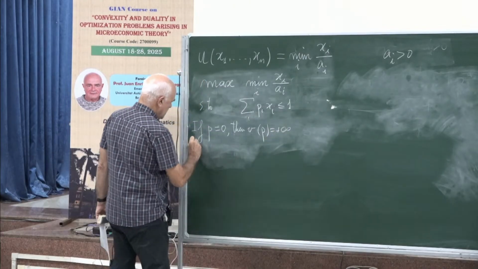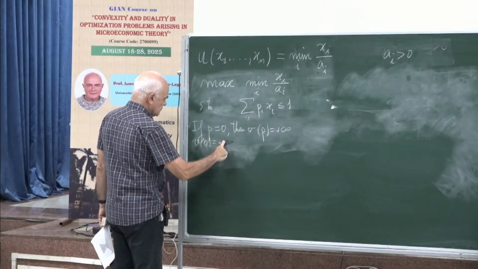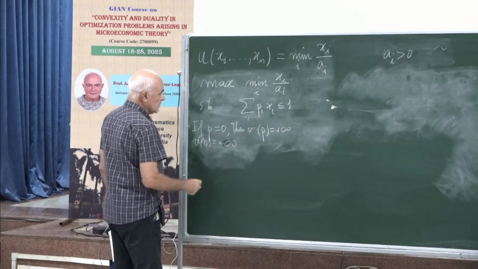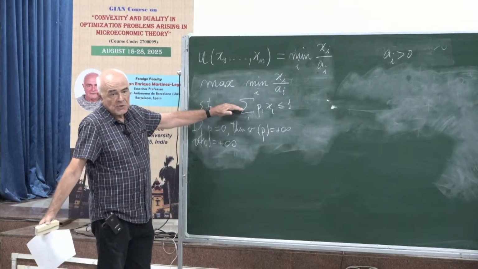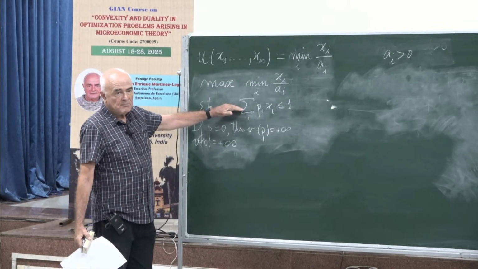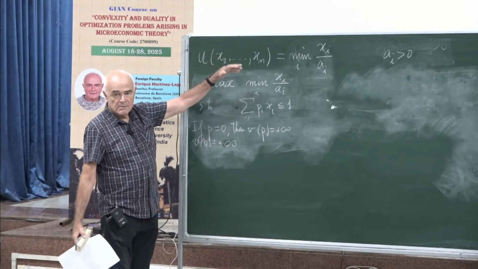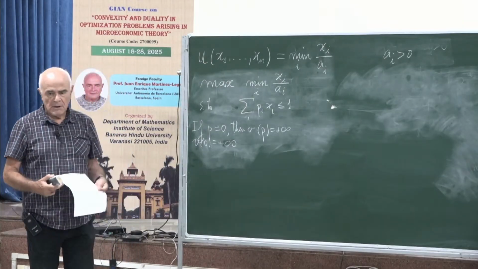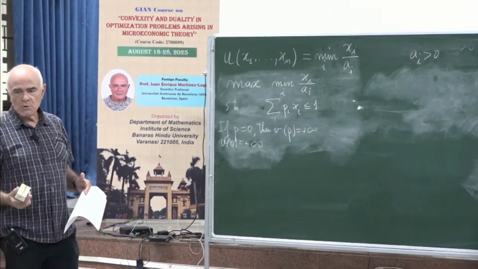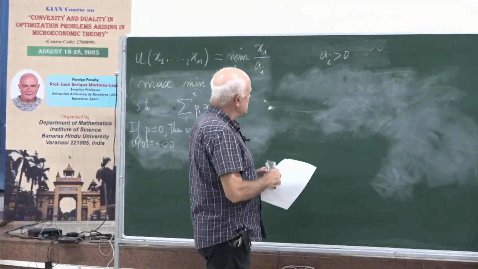So let's say simply V of 0 is plus infinity. This is clear because if p is 0, this constraint doesn't impose any restriction, so I can take whatever x, and then the objective function can be made as large as possible, so it goes to plus infinity. It was not true what I previously said.